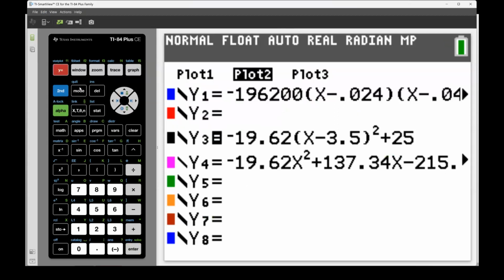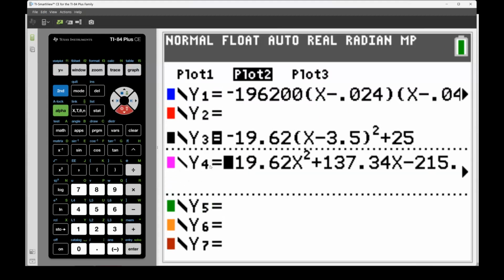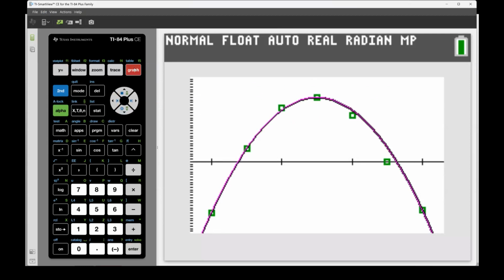And if I go to Y4 and graph that, it should show magenta on top of that. And with the issue of time, changing all the graphs, I'm going to quickly show you the CBR.